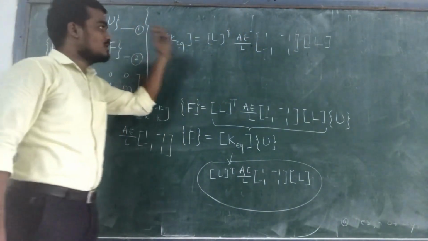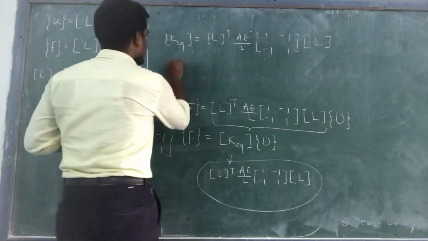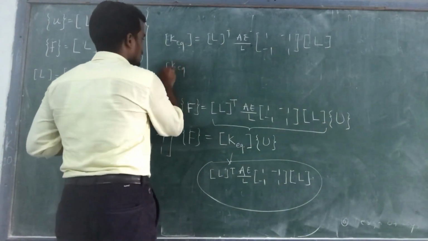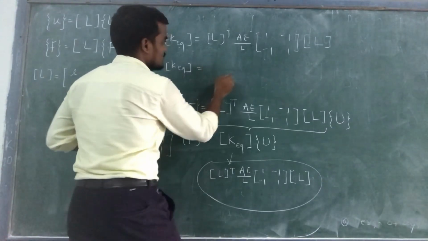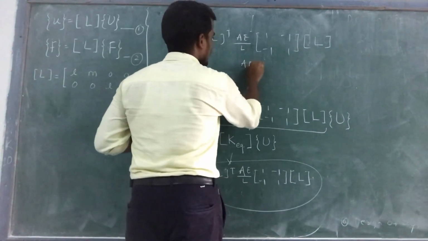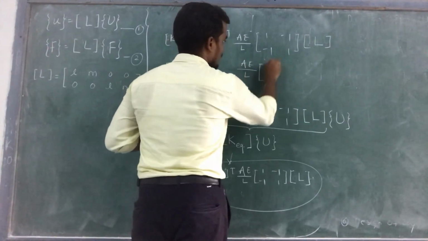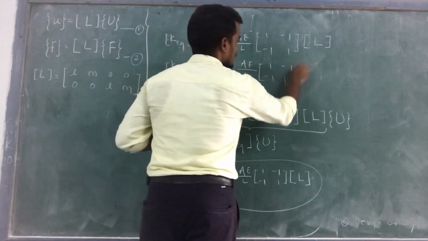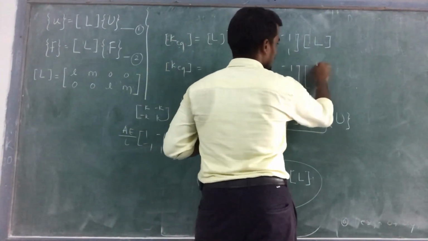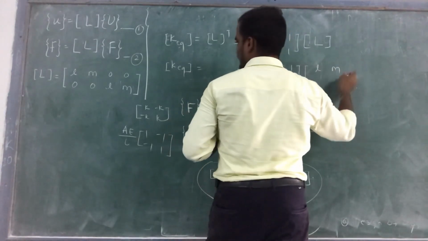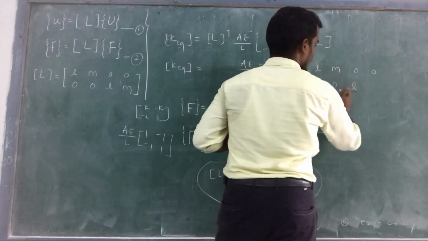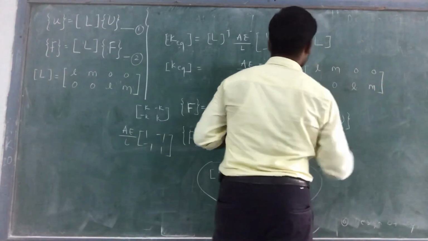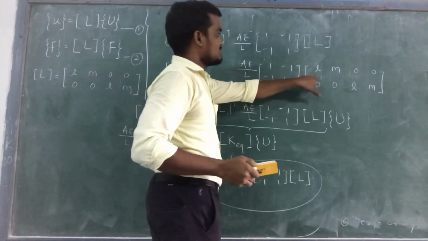So we need to do some multiplications. This will be equal to L transpose, then AE by L into [1 -1; -1 1]. This L is nothing but [l m 0 0; 0 0 l m]. Now we need to write down the transpose of this matrix.